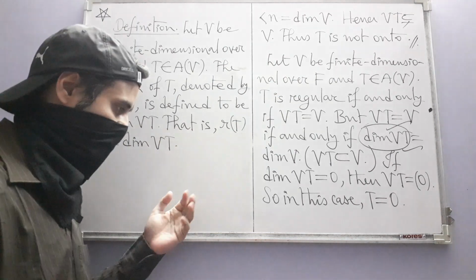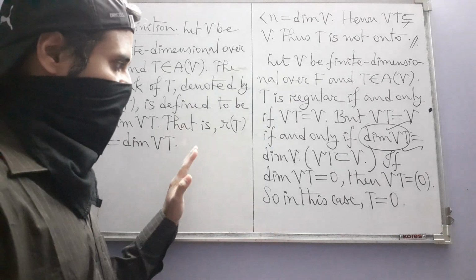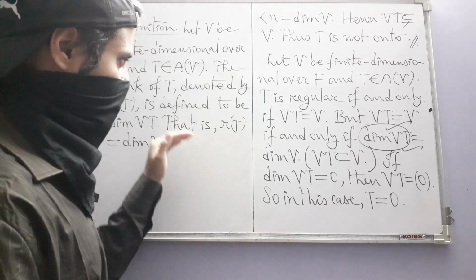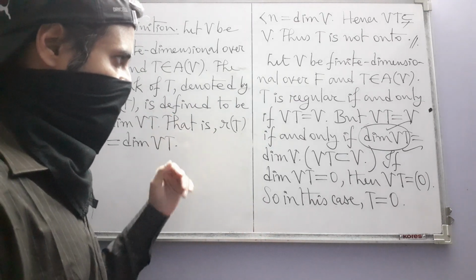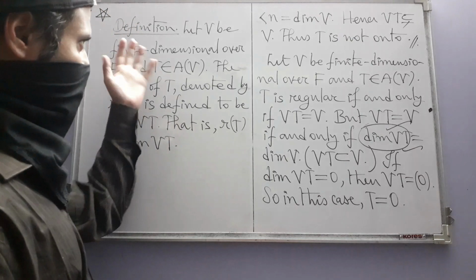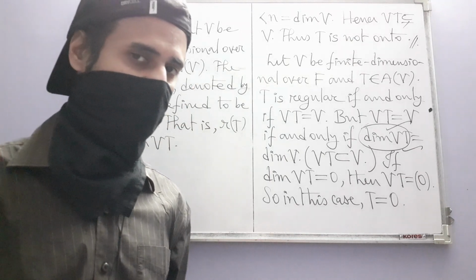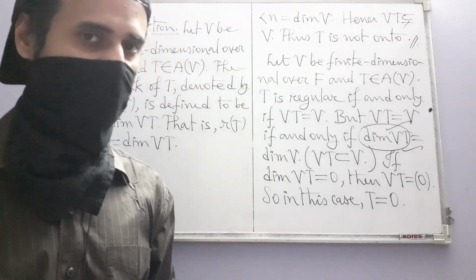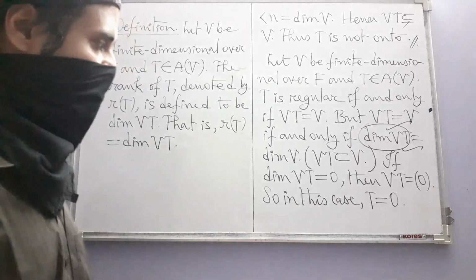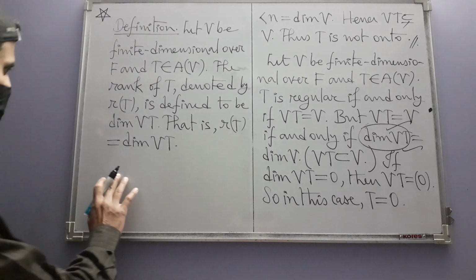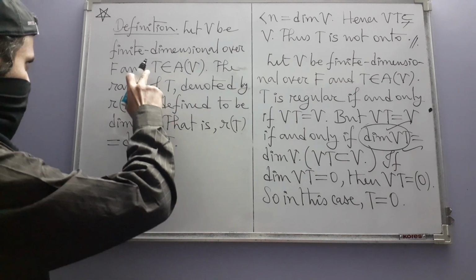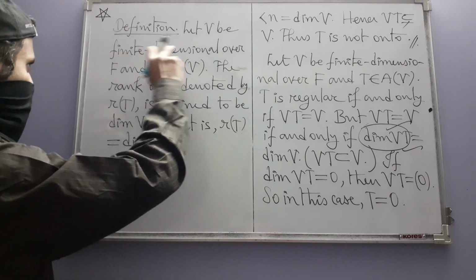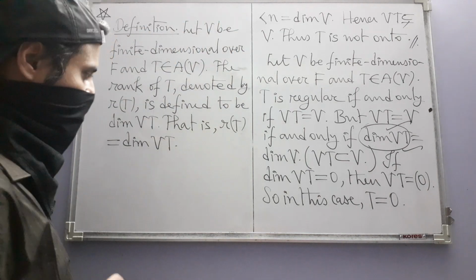However, in one of the exercise problems, we will have an occasion to do this thing for infinite dimensional V also. So we will mention it then, in the exercise solution. But right now, for us, rank is only defined for linear operators on finite dimensional vector spaces.